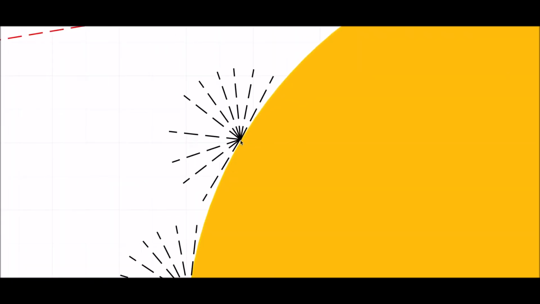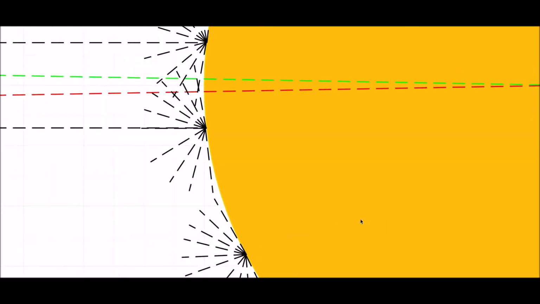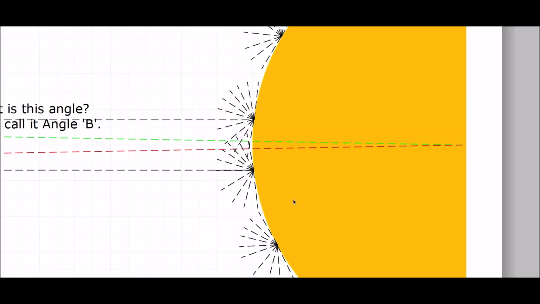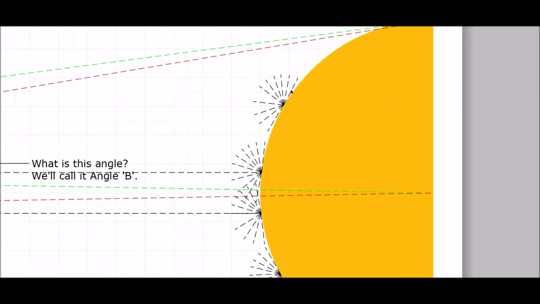Right there, the light coming off of that is emitting photons in every direction. And the light off of this point is going off in every direction. And this point, and this point, and basically every point on the sun's surface is casting light in every direction. And all those paths, if we take this one here, that path is not parallel to that path, which is not parallel to that path, and so forth.